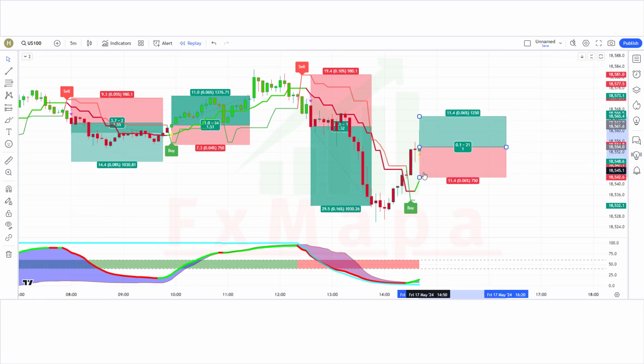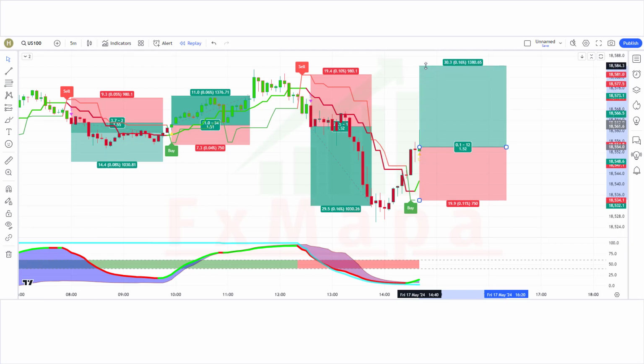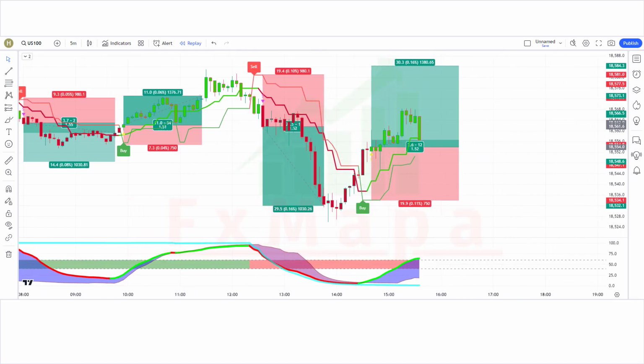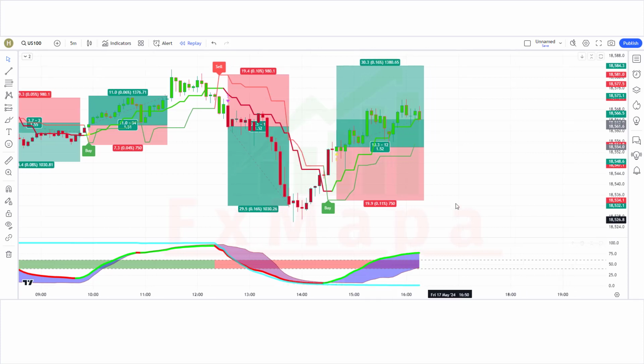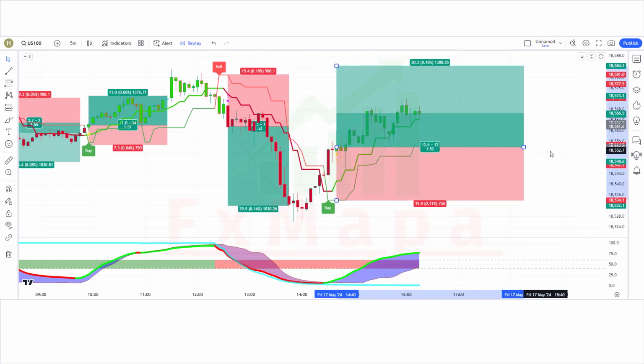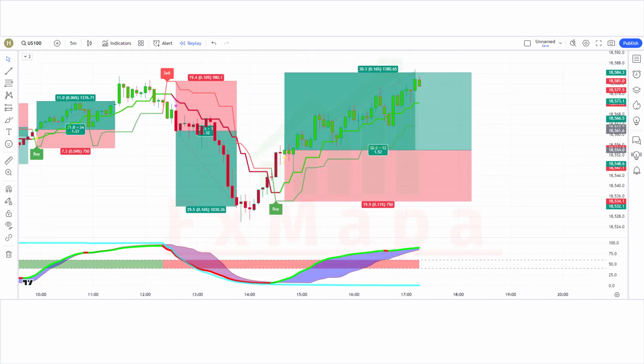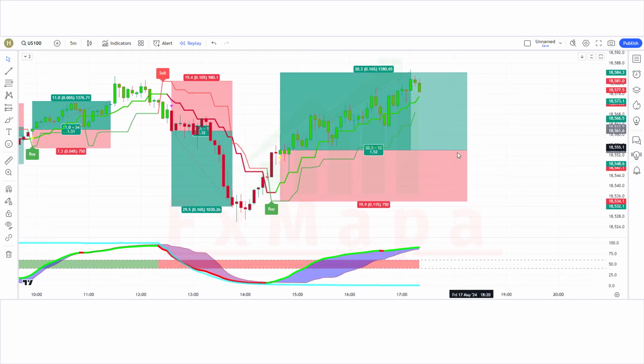Our stop loss will be placed at the Supertrend ATR indicator of TSL level. And the risk to reward ratio will be 1:1.5. Let's see what happens to our trade. Our trade is running in profit. We have won the trade.